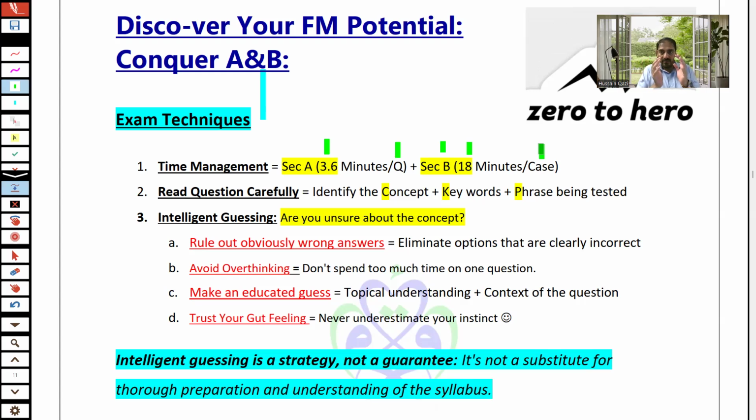Focus on this time: Section A 3.6 minutes, Section B 18 minutes. And don't forget, for each question you have to apply the 20-80 rule: 20% time for planning, 80% for execution. You have to plan before attack.